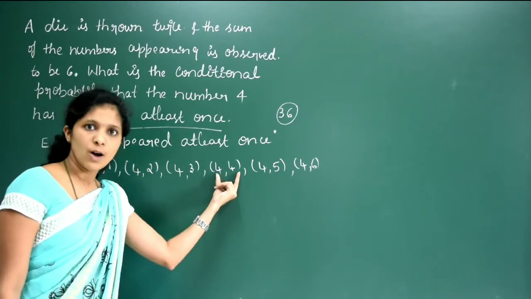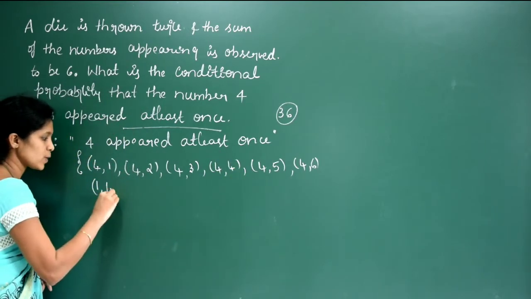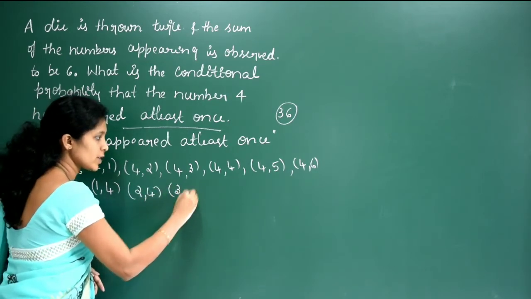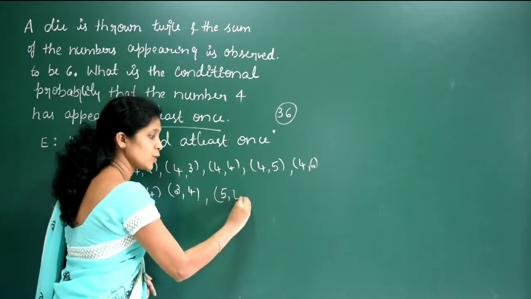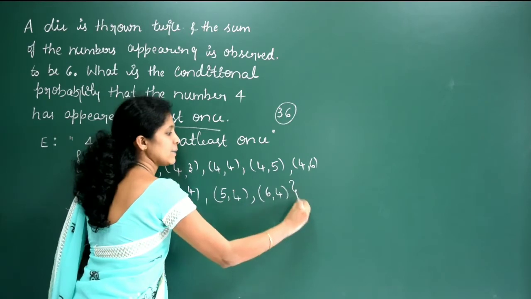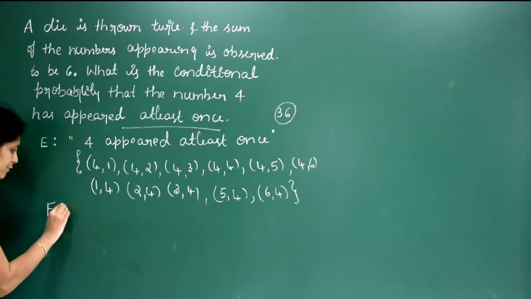More than once means 4 and 4. Other than this, we can write 1 and 4 is possible, right? 2 and 4 is possible, then 3 and 4 is possible. Anyway, no need to write this again. So this will be now 5 and 4 is possible. Next 6 and 4 is possible. These are the elements possible, right? So that is the event E. Now what is the event EF? What is given?